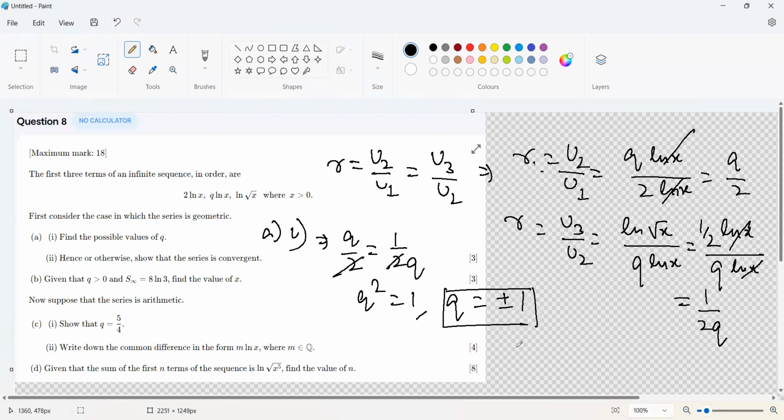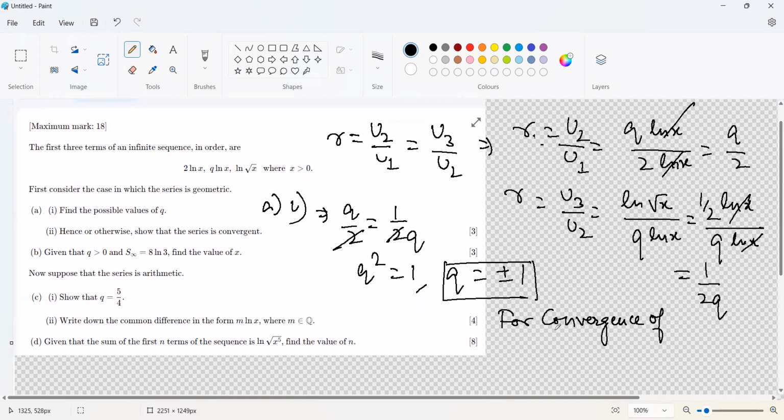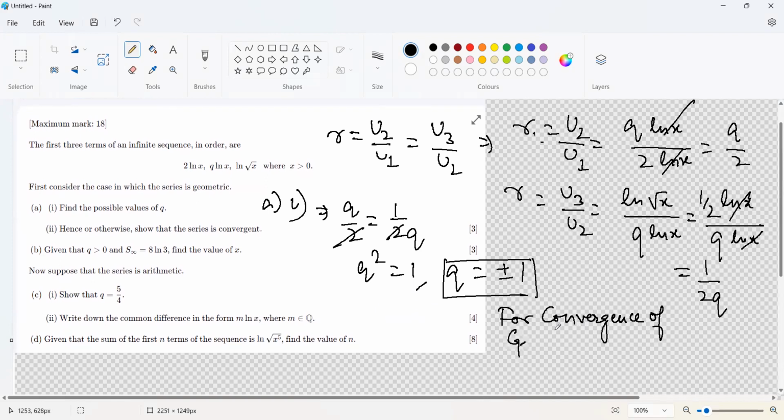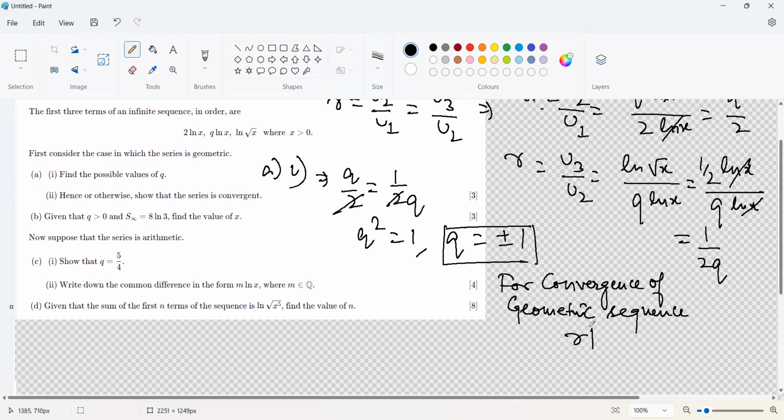I told you that for convergence of a geometric sequence, my R values would be basically mod R less than 1, which means R should be between +1 and -1. This should be the R value.